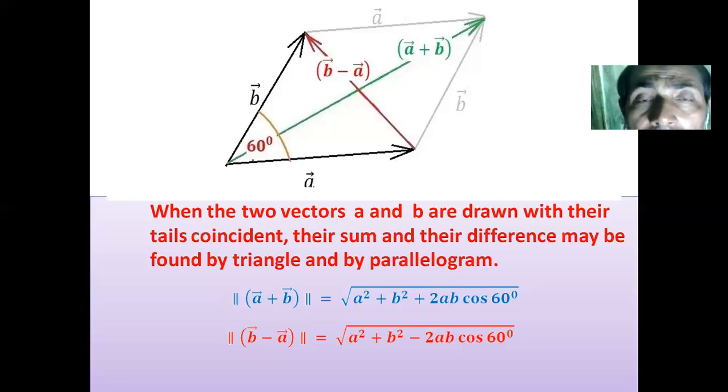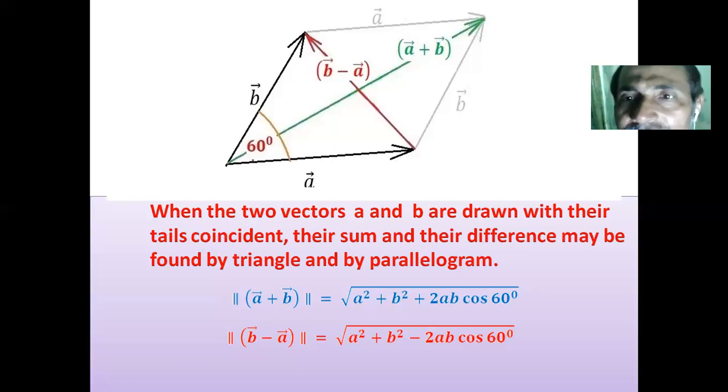Here, the diagonal which is appearing in green color is shown by one arrow, and this arrow is indicating the sum of the vectors A and B. If we add the vectors A and B, the resultant will be that diagonal which is shown in the green color.